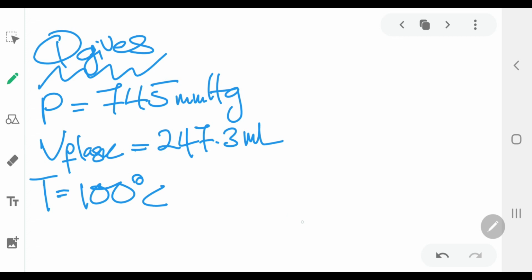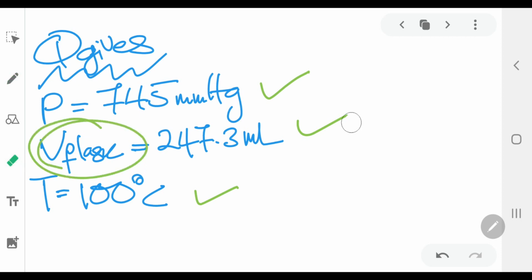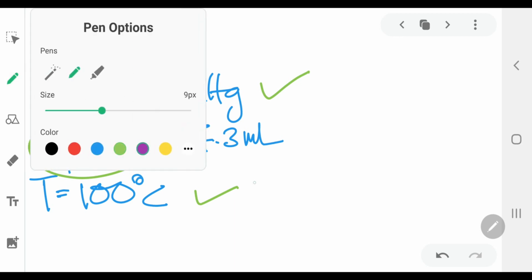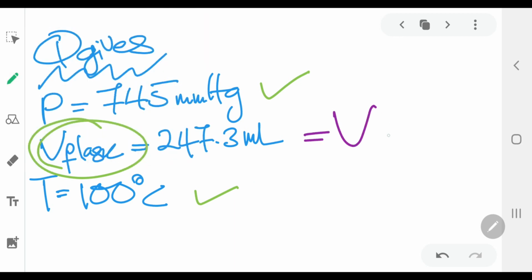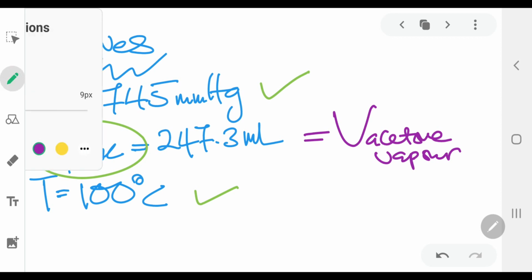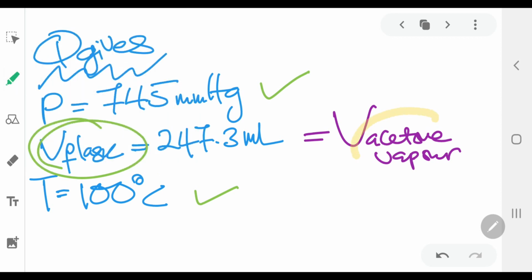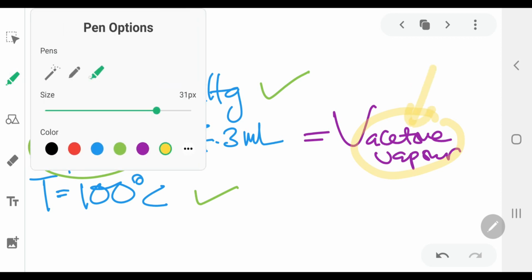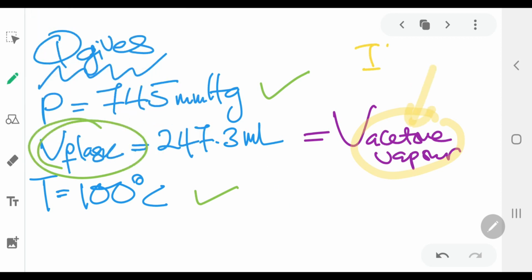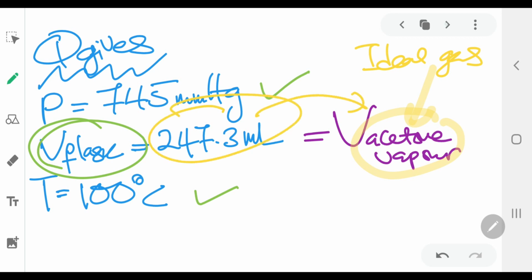The question gives you all of these. Remember, this volume is equal to the volume of your acetone vapor, so in this case, your ideal gas. So that is the volume of your gas.